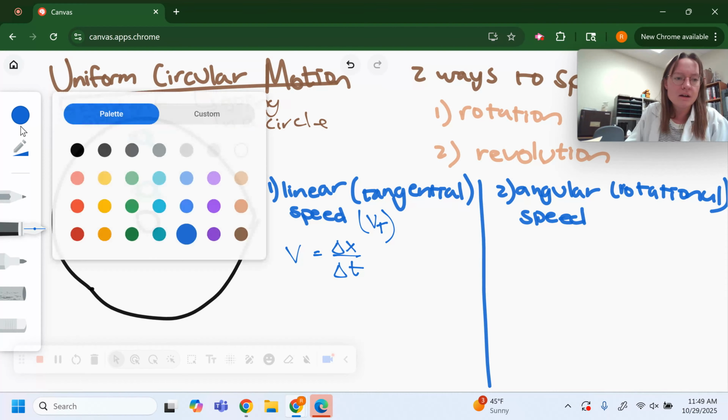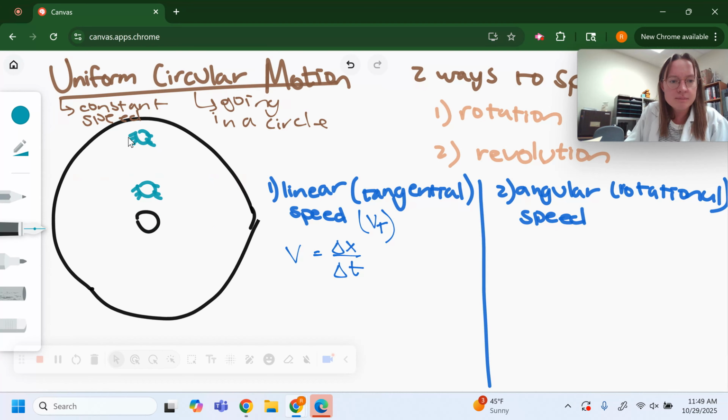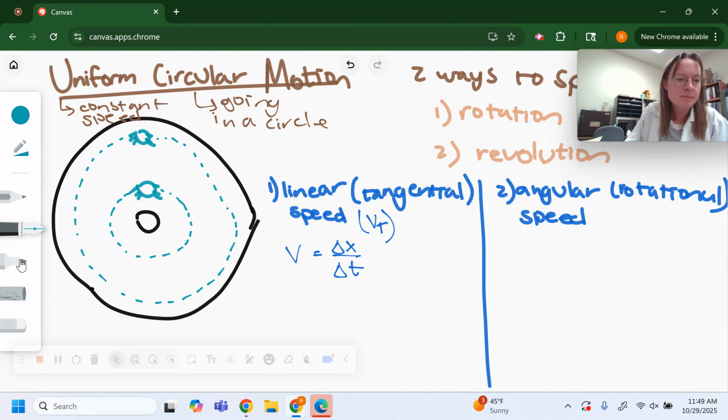This little outside bug is going in a little circle like this. And this inside bug is going in a little circle kind of like this. Like so.